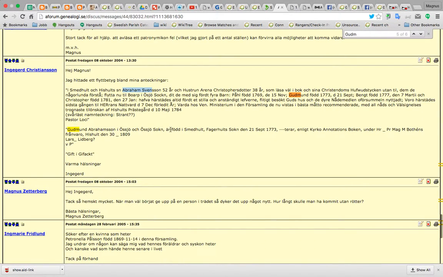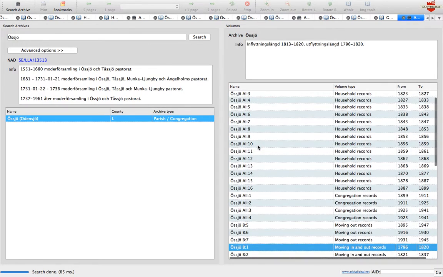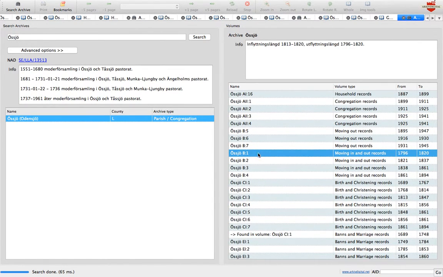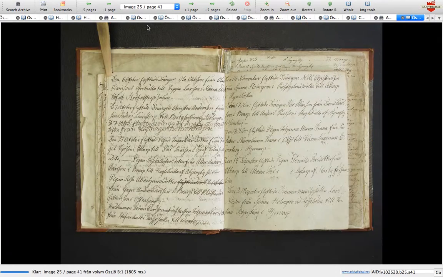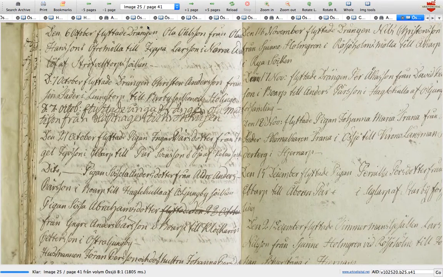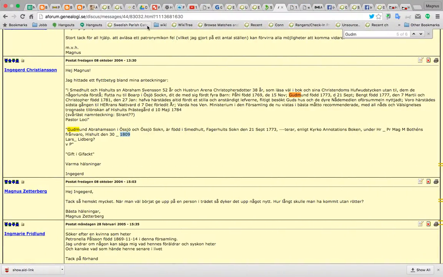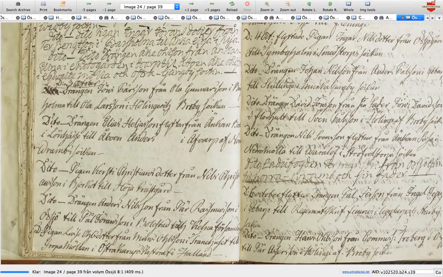We would like to know. Good answer for 1809. Is he moving back to 1809? Could we be lucky that they write a lot? 1809. Norway speaking hardcore. Gudmund. 21st of September.